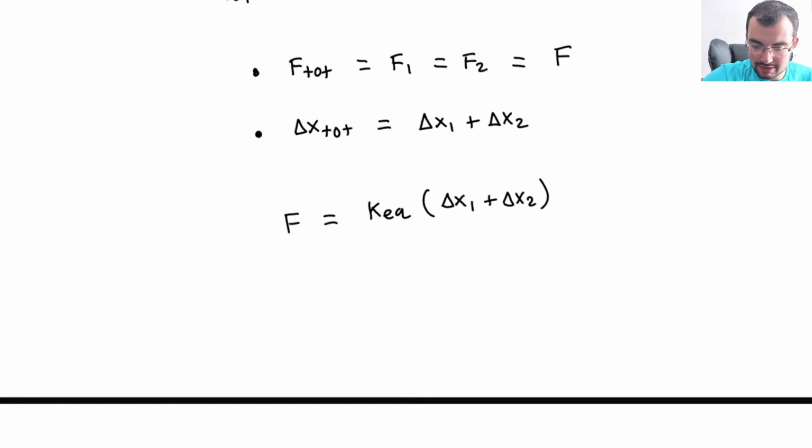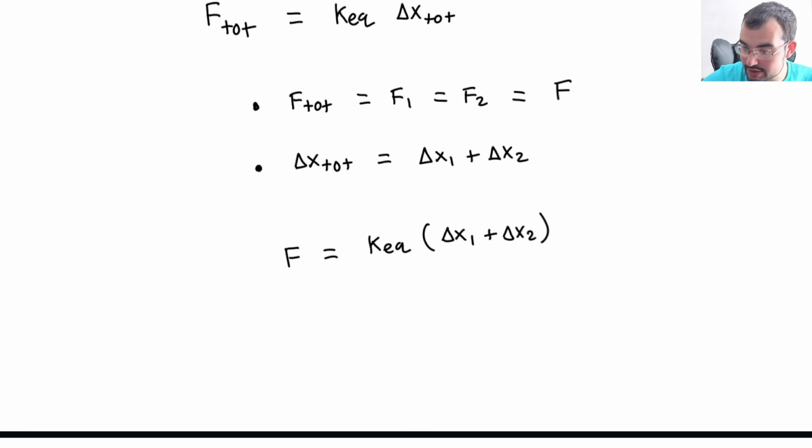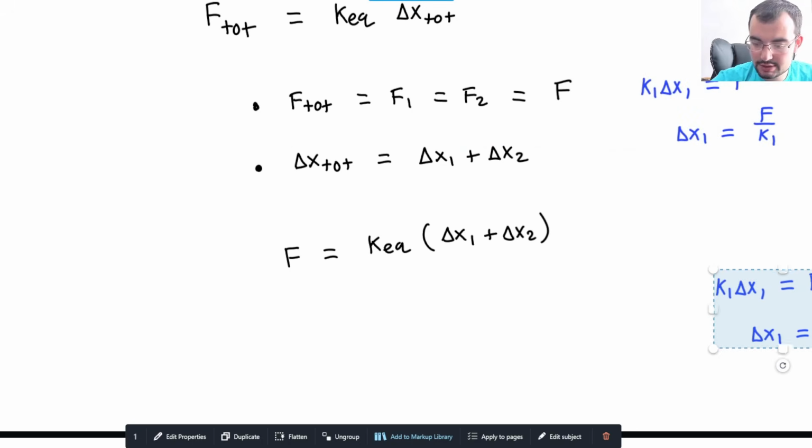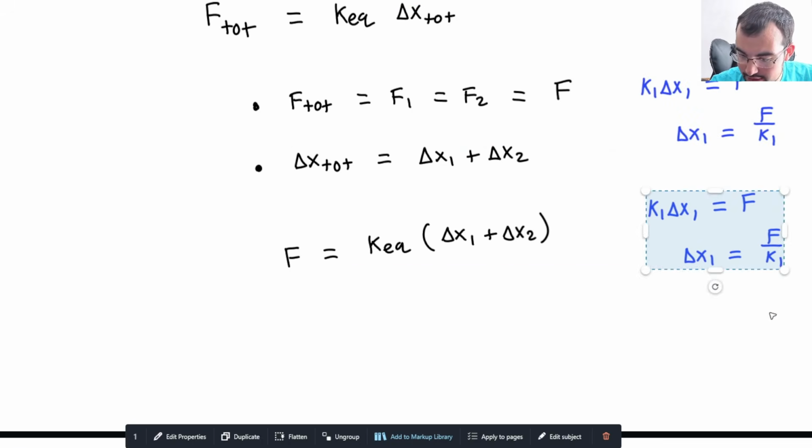So we're going to eliminate the delta X's in terms of the forces because we know, for example, K1 delta X1 would be equal to the force F, which means that delta X1 could be written as F divided by K1. And a similar argument could be used to get us delta X2.